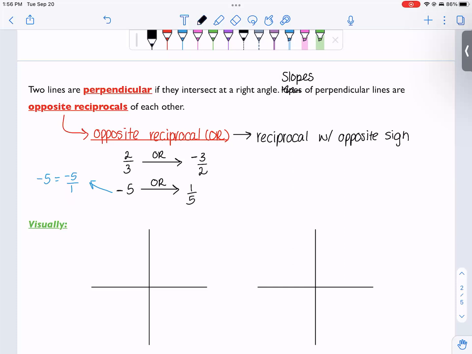So the opposite reciprocal of -5 is positive 1 over 5. If we have -1/4, the opposite reciprocal will be positive. And then if you flip 1 over 4, you get 4 over 1, which is just 4.